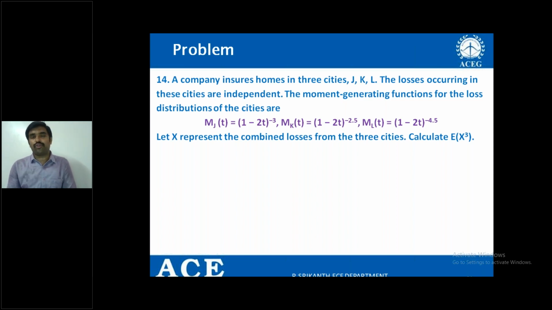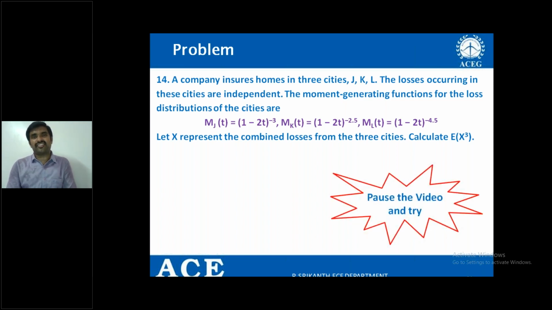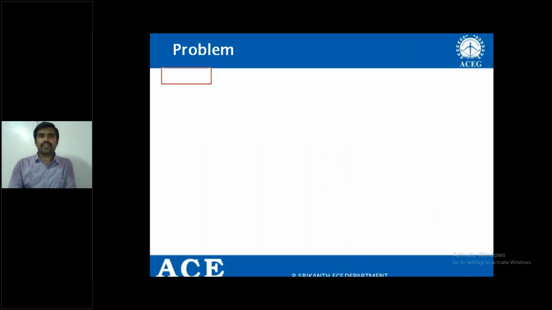Expectation of X cube. Just pause the video and try to solve. So let us see the solution now. What is X? The combined loss. First, what is the given data? The moment generating functions of the three cities are given. So you are supposed to find first the moment generating function of X, the combined loss.